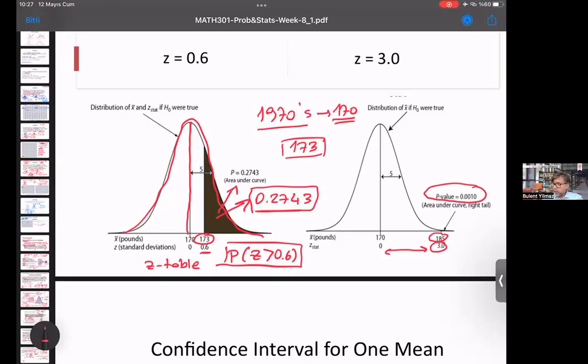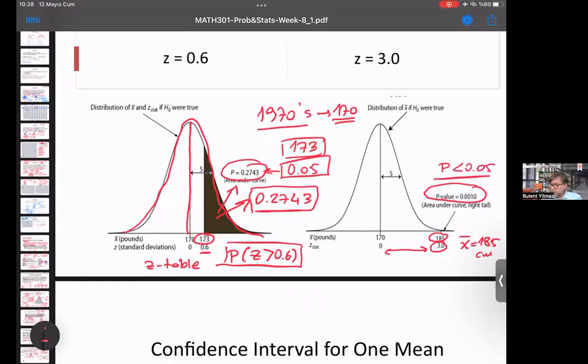And if the probability is above 0.05, then it means the height of people did not change significantly. But here, if I found a sample mean of 185 centimeters, that means the p-value is less than 0.05.